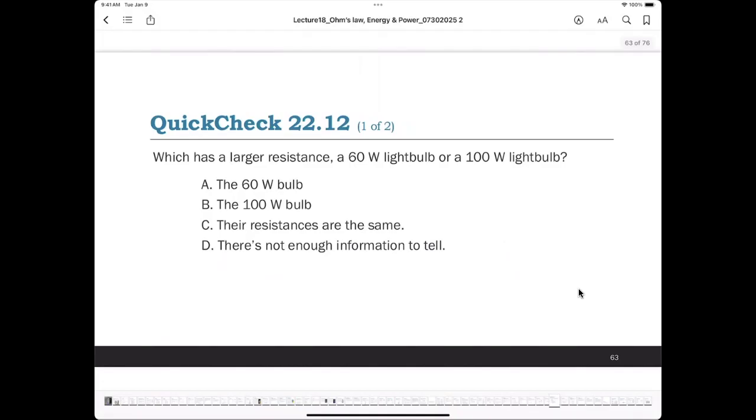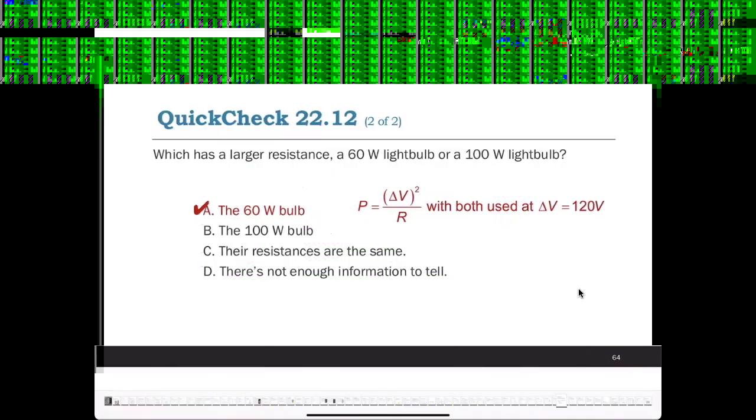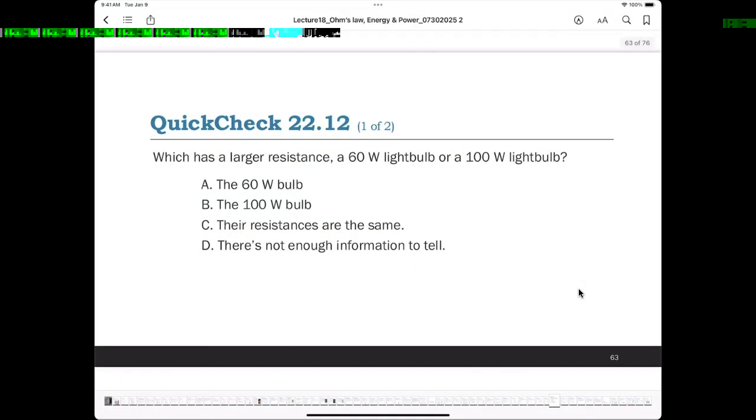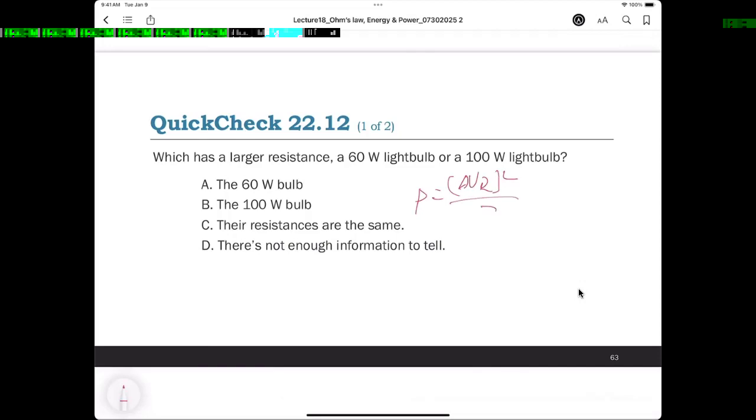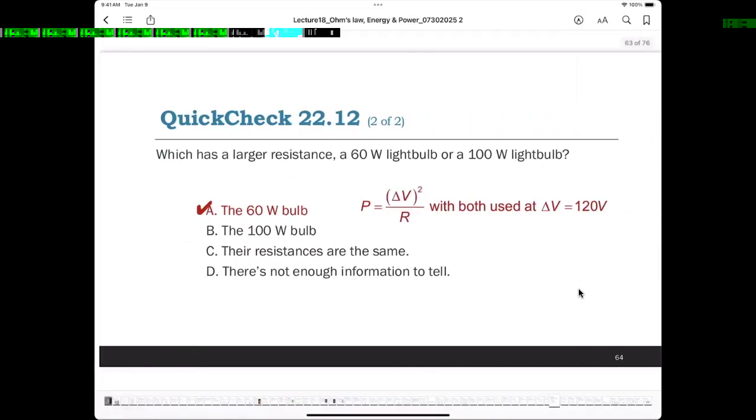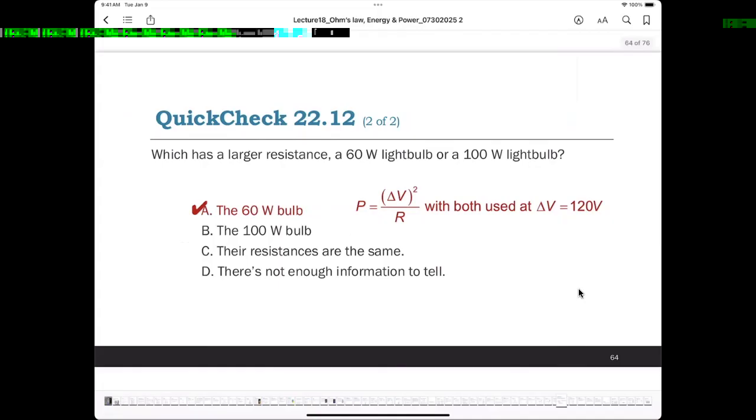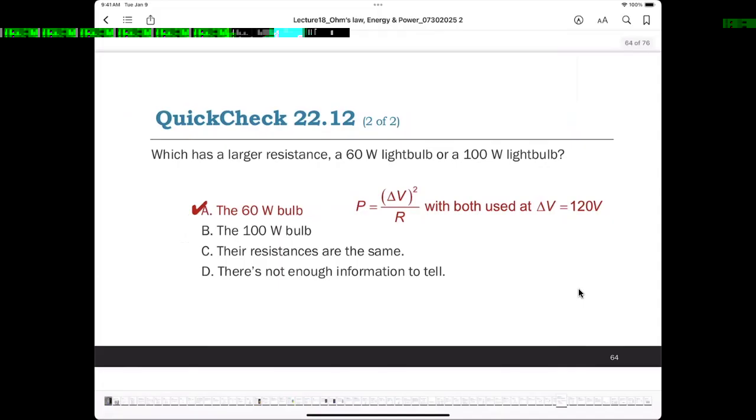Actually, I think for this one we also can use the equation for E, delta VR squared divided by R. We can also use these equations, and we both use the voltage. I think this one is missing some information.